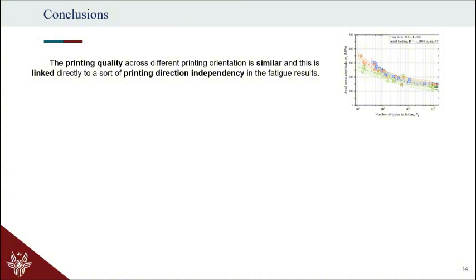What we understood from a design point of view is that with this material, with this specific printing setup, there is not much difference given by the printing orientation, which is a good pro because you can print your component in whatever direction you like.